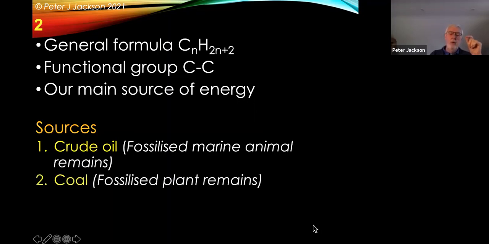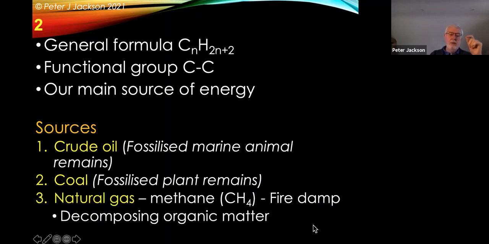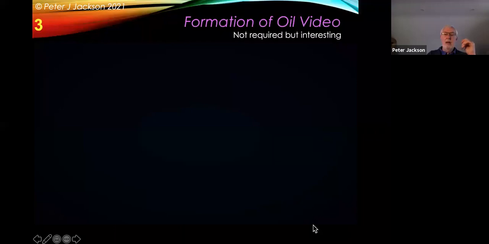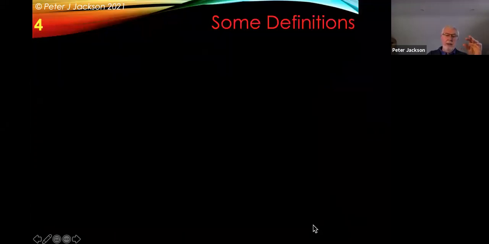Then there is coal, which is fossilized plant remains, and there is natural gas or methane or CH4, also called fire damp in coal mines. Its source is decomposing organic matter. Anywhere you get decomposing organic matter, in the absence of oxygen, you're going to get methane formed. I'm just going to skip that.